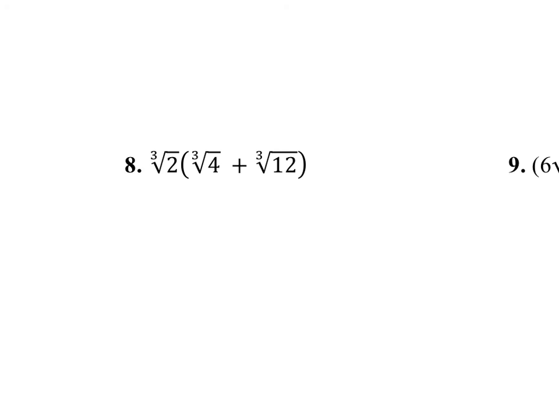Okay, so multiplying here. You can multiply because they all have the same index. So this is going to become the cube root of 8 plus the cube root of 24. Now we can break these down. The cube root of 8 is 2.